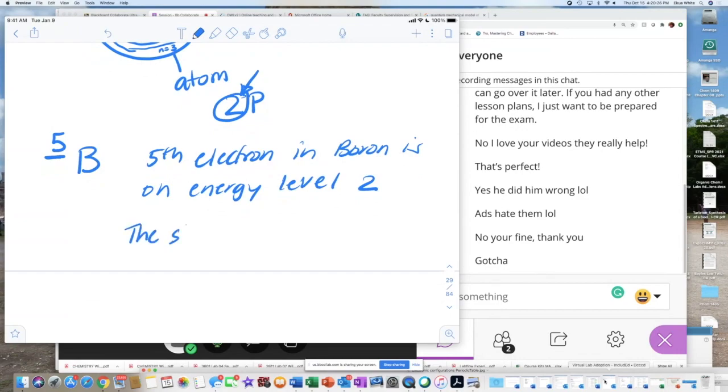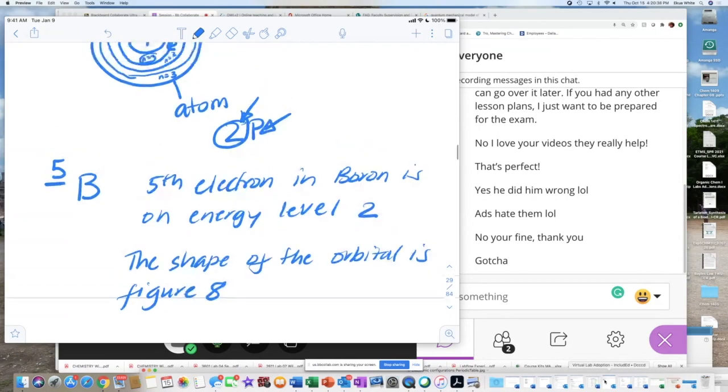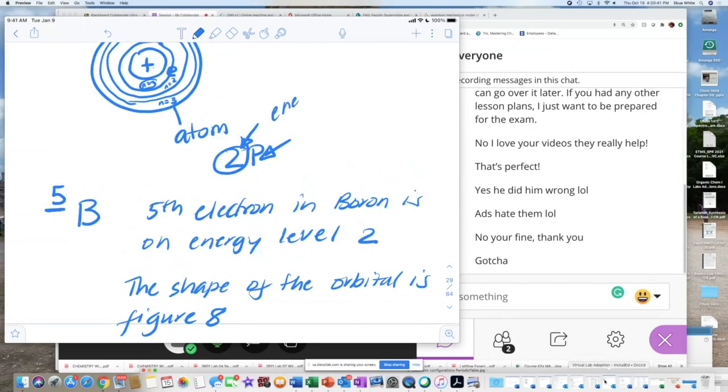The shape of the orbital is figure 8 based on this letter right here. So from the 2, I can tell the energy level. From the P, I can tell the shape of orbital.